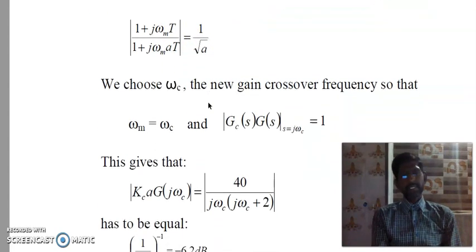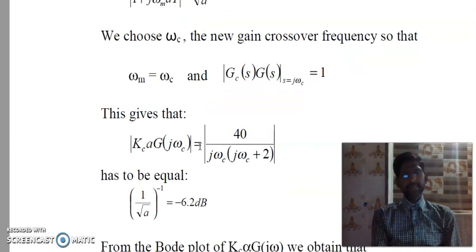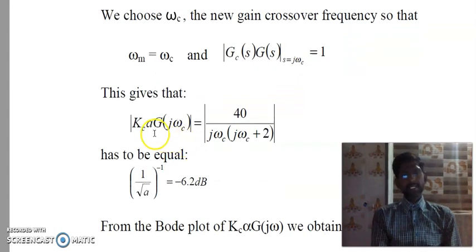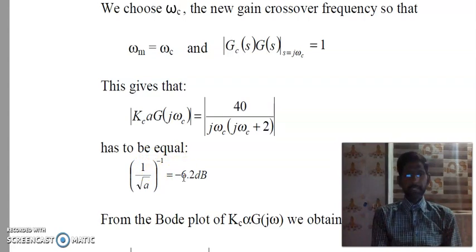We choose omega c, the new gain crossover frequency, so that omega m equal to omega c, and mod Gc of s into G of s at s equal to j omega c equals 1, which gives mod Kc alpha G of j omega c equal to mod 40 divided by j omega c into (j omega c plus 2), equivalent to 1 by root alpha, whole power minus 1, that is minus 6.2 dB.